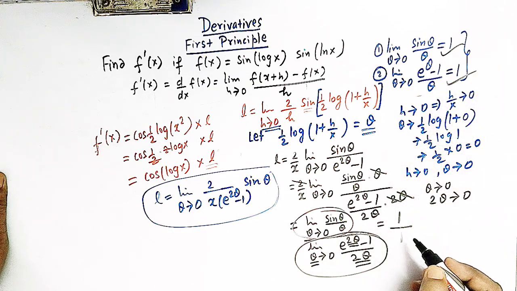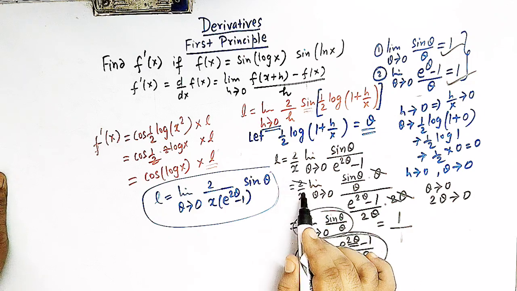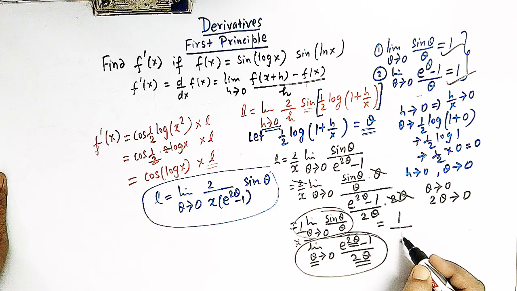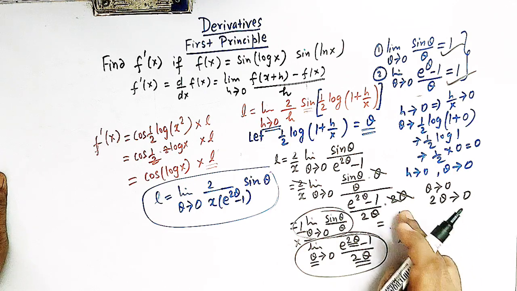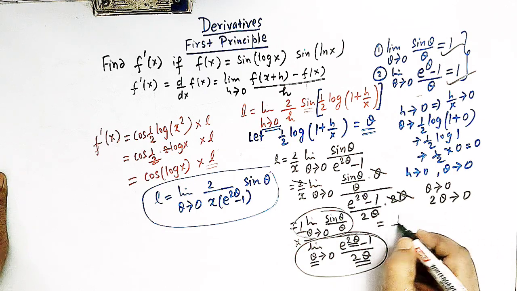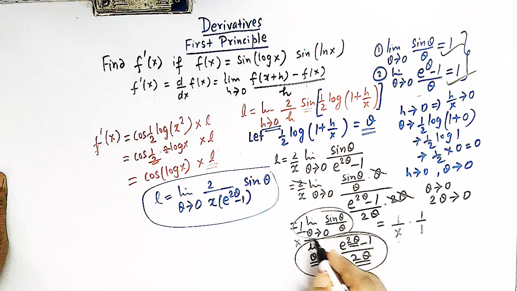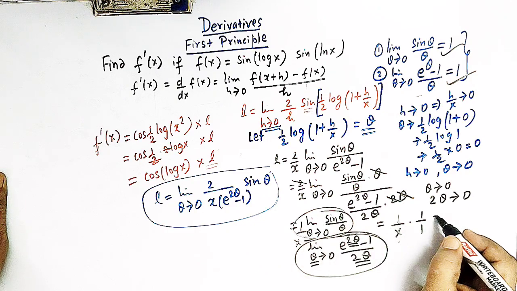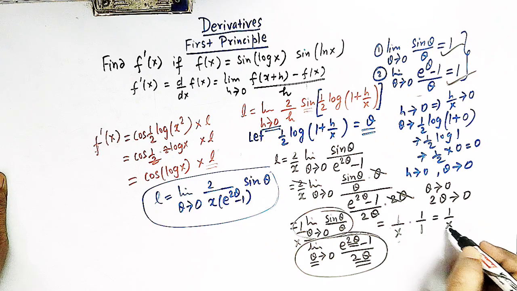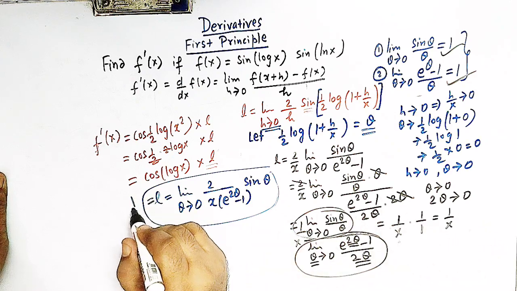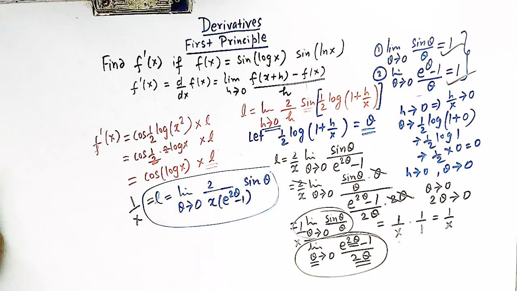So we have 1 over 1, and obviously here we have the term 1 over x. So we can write it like this: 1 over x times 1 over 1, because this limit is 1, this limit is 1, so we have 1 over x, right? So the value of this limit is equal to 1 over x.